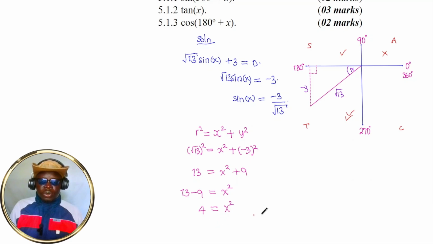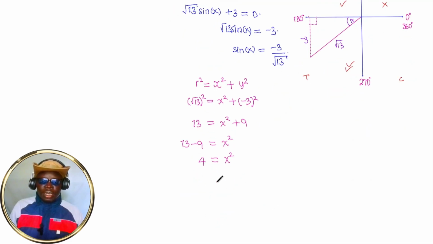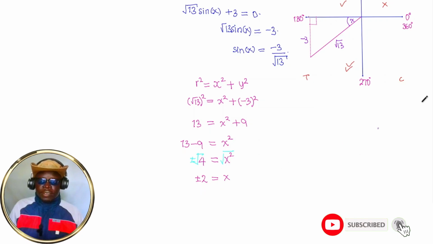Getting roots on both sides, you can have the value for x as either positive or negative 2. Of course, this is after getting the root on both sides, either positive or negative. And this side is always negative, so the x value here is negative. Therefore, this implies that x equals negative 2.